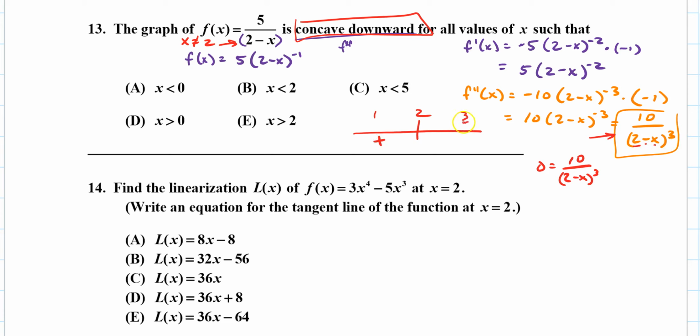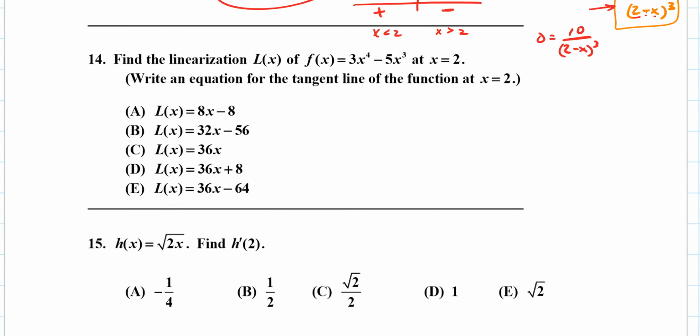And if I check 3, 2 take away 3 is negative 1. Negative 1 cubed is still negative 1. 10 over negative 1 is negative. So we have concave upward when x is less than 2, and concave downward when x is greater than 2. So that's going to be answer E.